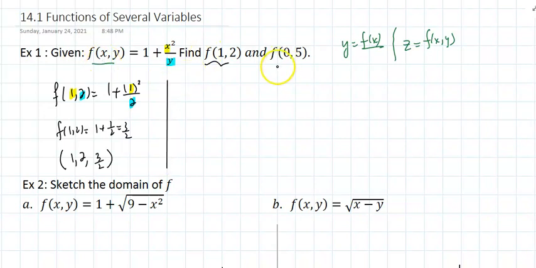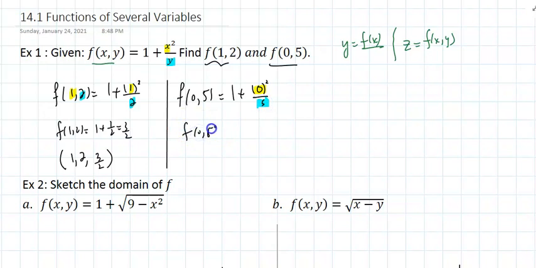And if I wanted to evaluate what f of 0, 5 is, that would be 1 plus, and again the same deal. I would take the 0 and square it over the 5.